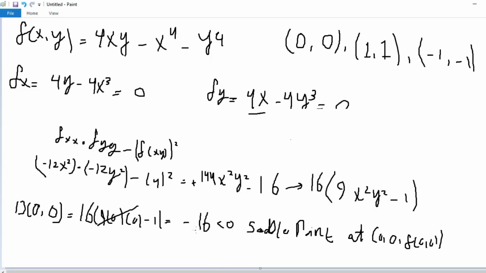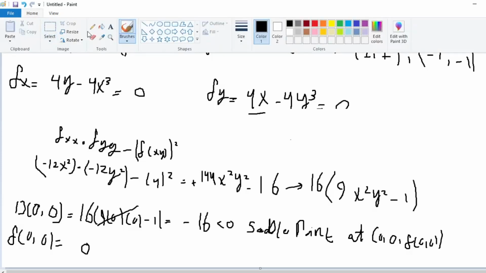When the discriminant is less than 0, you need to substitute the critical point into the original equation. So f(0, 0) is 4 times x times y, so 4 times 0 times 0 is 0, minus 0, minus 0, so it's also 0. So this is the first critical point.